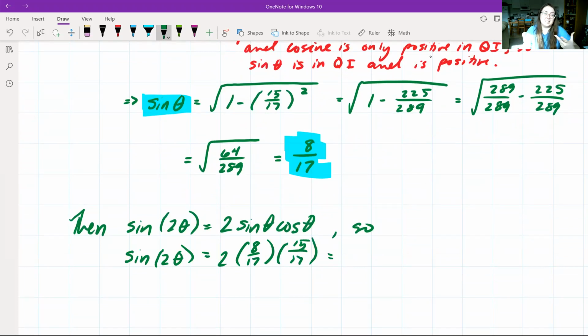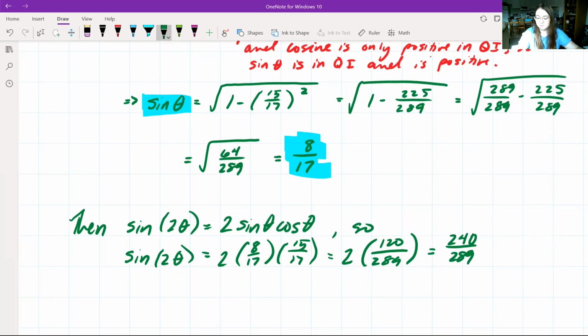Now we know 17 times 17 is 289. So we have 2 times something over 289. 8 times 15 is going to end up giving us, sorry, that's 120. And then we multiply by 2 to get 240 over 289. I jumped the gun a little bit there.